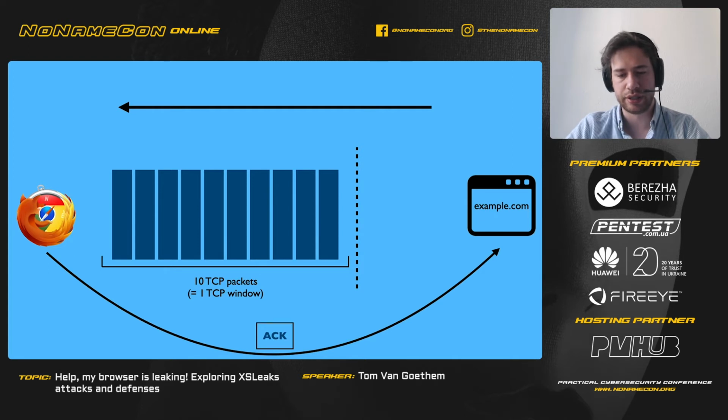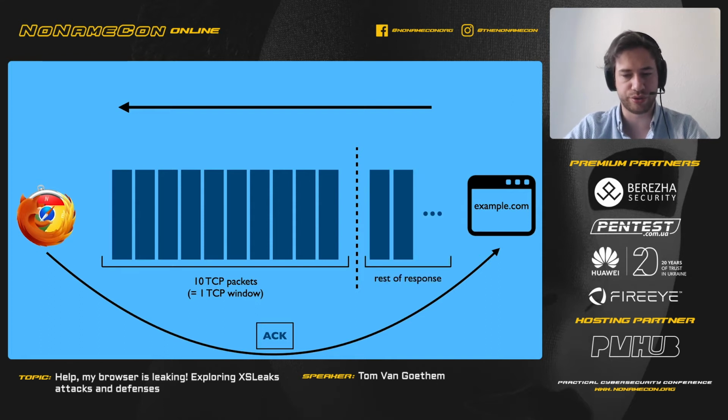Once this acknowledgement has been received, the server can start sending the rest of the response. So if the response size is larger than what can fit into 10 TCP packets, so that's around 14 or 15 kilobytes, then the server will need to wait for the acknowledgement. This means that there will be one additional round trip to receive the response.